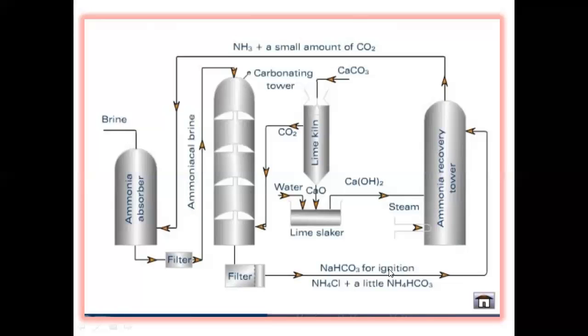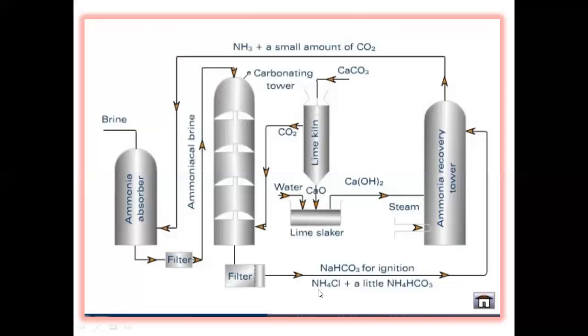After filtration, we will get the precipitate of sodium hydrogen carbonate, and this sodium hydrogen carbonate we can use as baking soda. And after heating the sodium hydrogen carbonate, we can get the sodium carbonate, which is our required product.